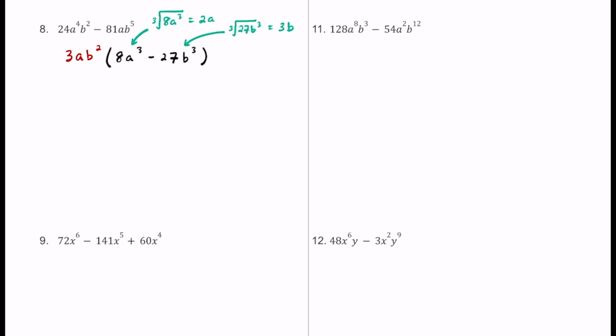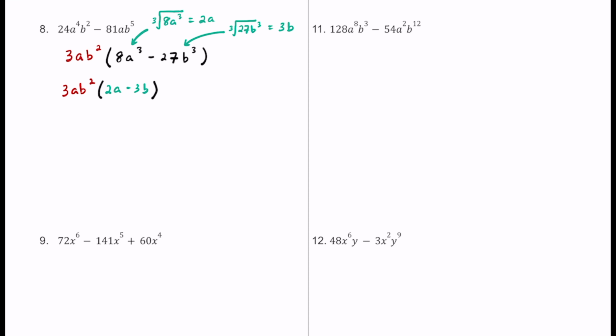And so let's see if we can remember our difference of cubes pattern. Out in front, we're going to have this 3ab to the second power. And then when we have difference of cubes, what we're always going to do first is take the difference of their cube roots. So the difference here would be 2a minus 3b. So that's always going to be a binomial. It's going to be a difference of their cube roots.